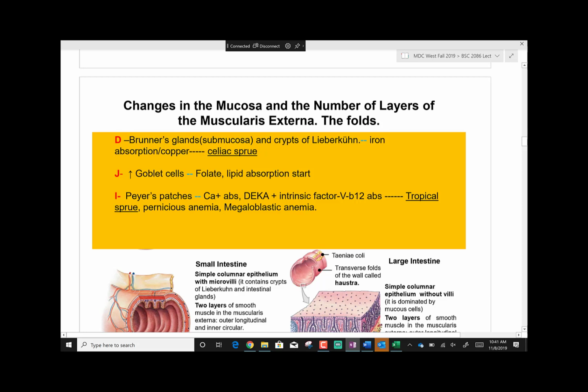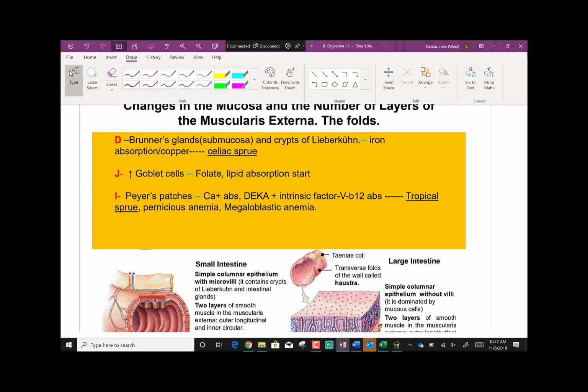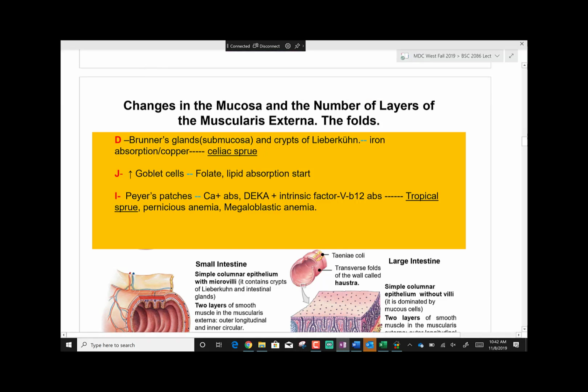Stratified squamous. And whenever you move from there to the stomach, what do we have? Simple columnar. As the columnar epithelium comes on and off in kind of waveforms, it creates something like this. Right? In the stomach, what do we create? These are known as what? Rugae, right? This creates rugae, right?